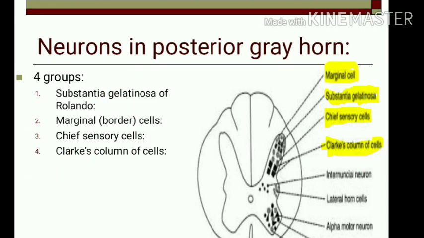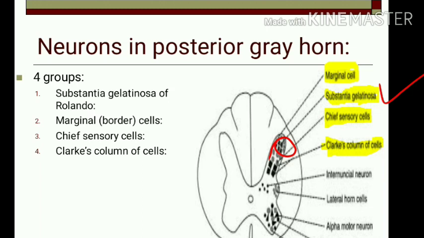Now, neurons in the posterior grey horn. As I told you, 4 laminae are important for us. Starting with the first, the substantia gelatinosa of Rolando, that is lamina number 2. It is a cap-like gelatinous material which is present at the apex of the dorsal horn. You can see here.